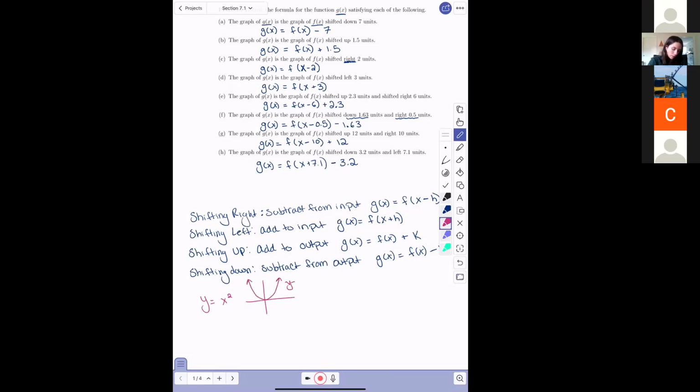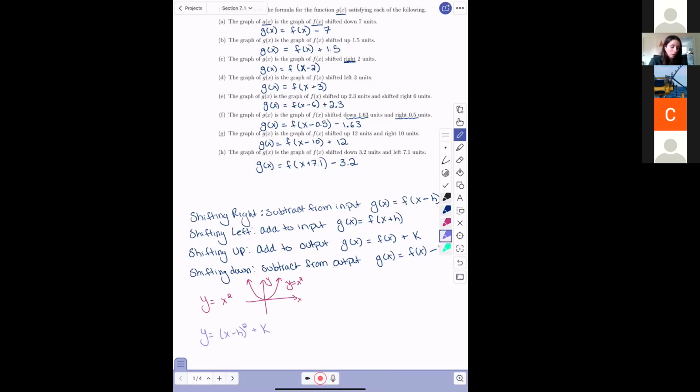This is y equals x squared, x, y, right? But remember, we also talked about vertex form. So in vertex form, we had y equals x minus h squared plus k.